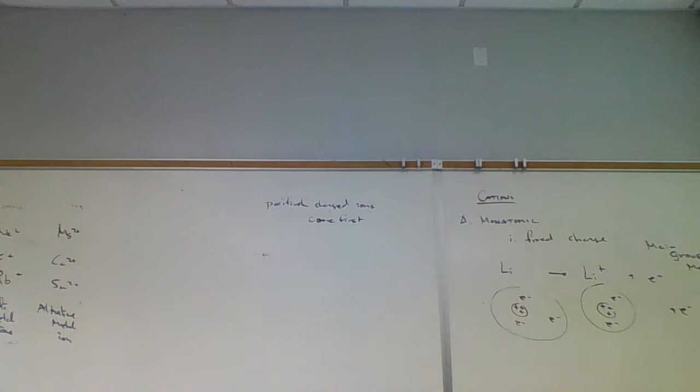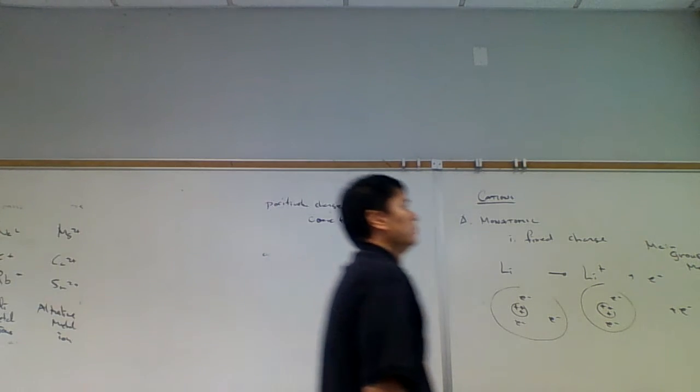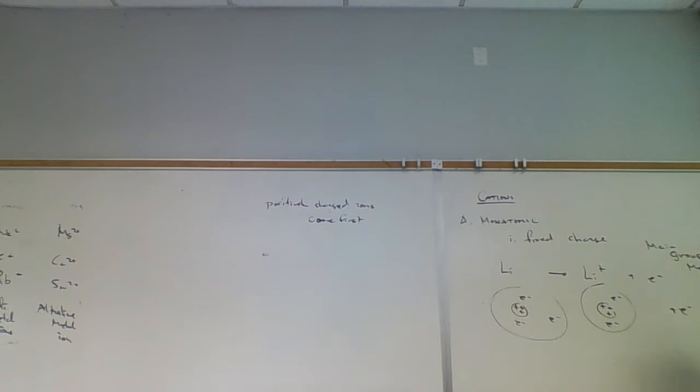Then we hop over to group 13, because this middle block is not called main group. Actually, let me show it on the projector. Easier to see. The main group would be these first two. This middle block is not called main group. This middle block is called the transition metals. And this block here is called main group as well.